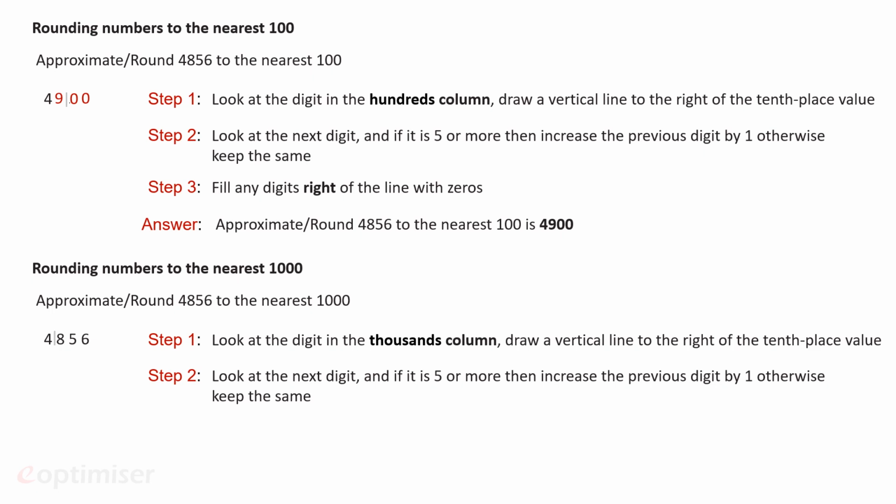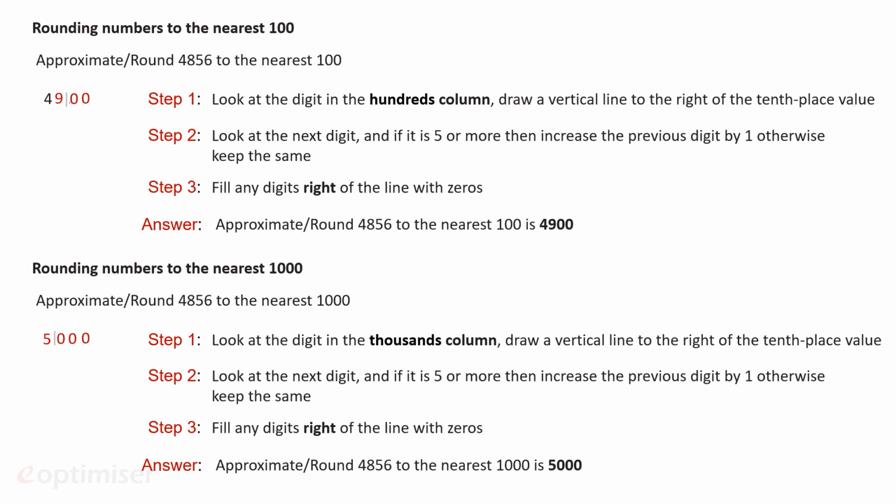Therefore increase the 4 by 1. Then make all the right hand side numbers of that line 0: the 8 to 0, the 5 to 0, the 6 to 0. So 5000 is the nearest 1000 to 4856. I hope you understand.